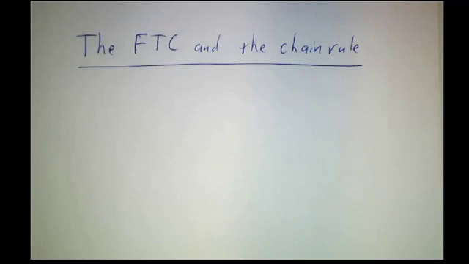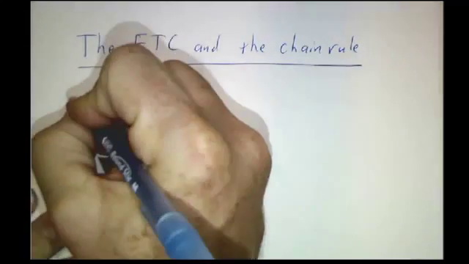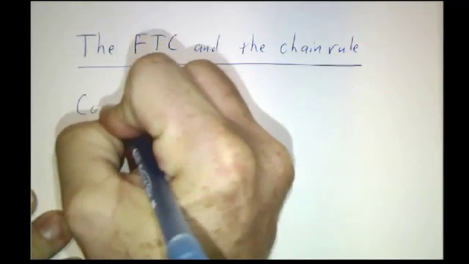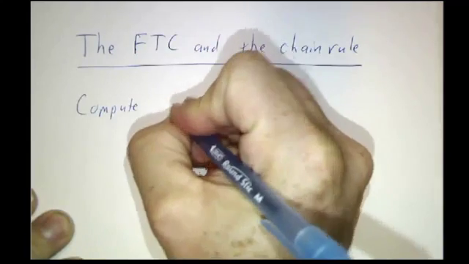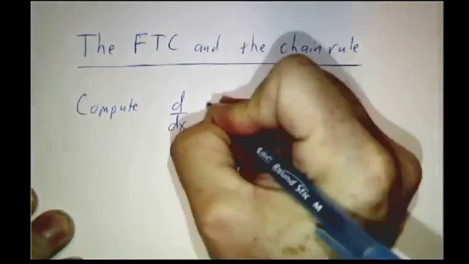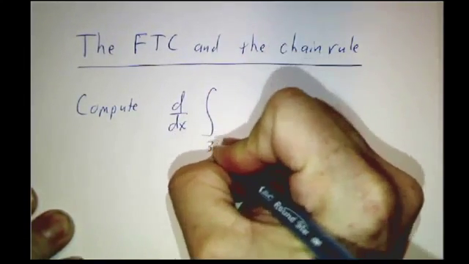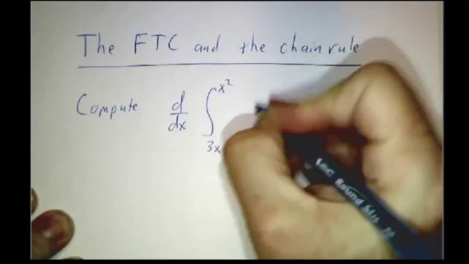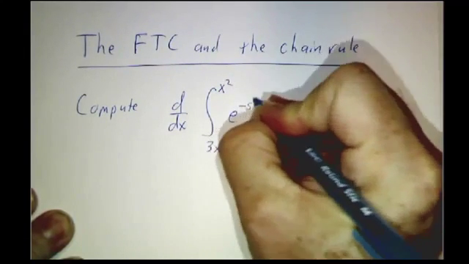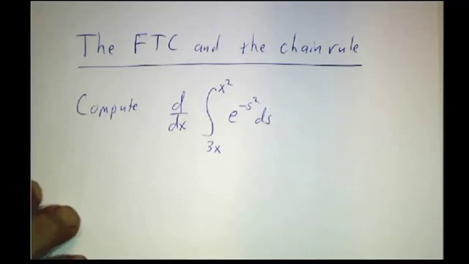Okay, in this video I want to show you how to combine the fundamental theorem of calculus and the chain rule to get some pretty strong results. You sometimes get problems like: compute the derivative of the integral from 3x to x squared of e to the minus s squared ds.